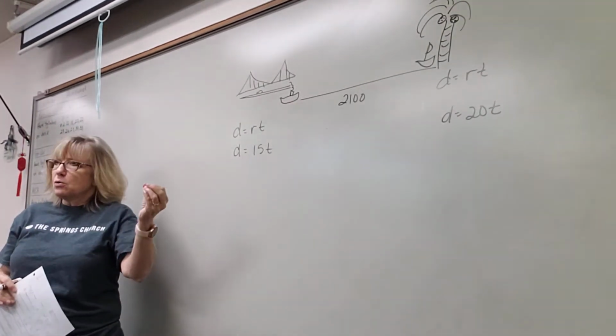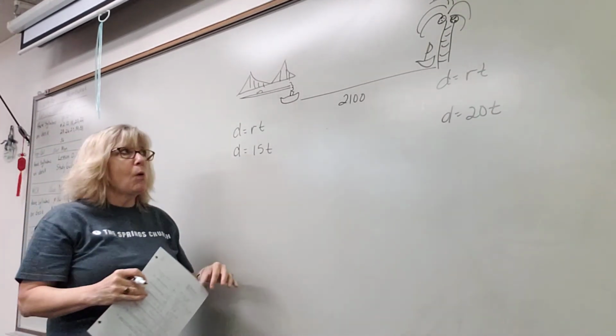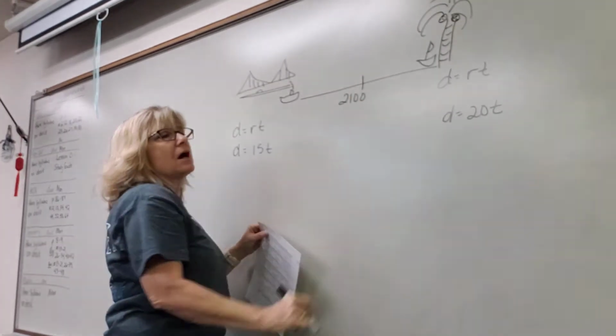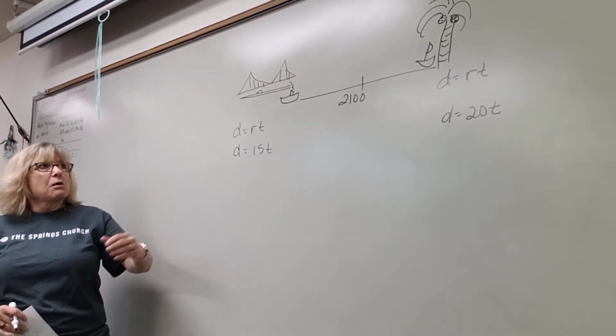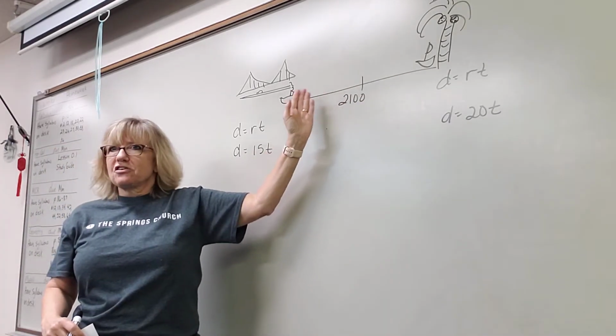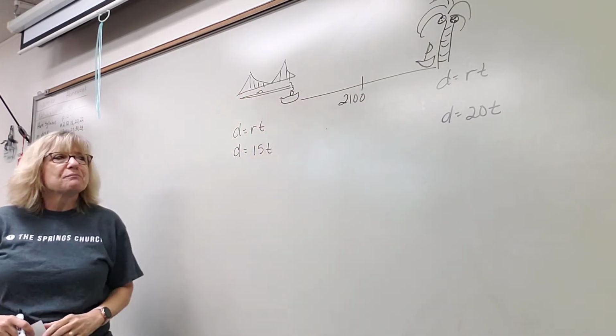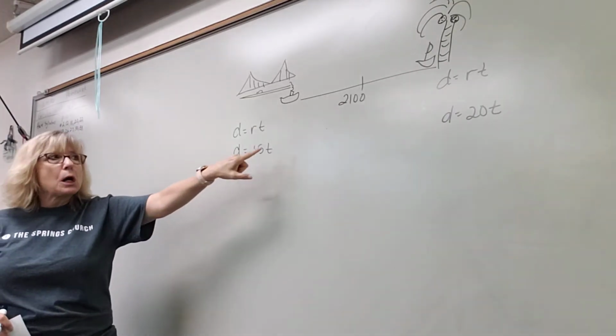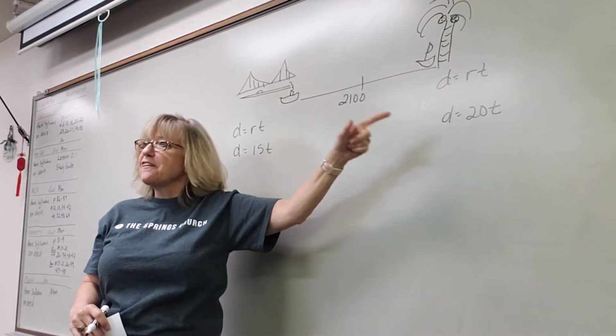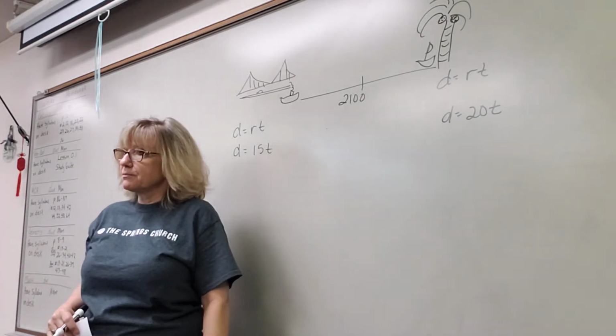What do I know about their distance? At some point, they're going to meet up, right? And they probably meet more in this direction because this guy's going slower, but regardless. What I know is that if I add his distance plus his distance, they will add up to 2,100, right?